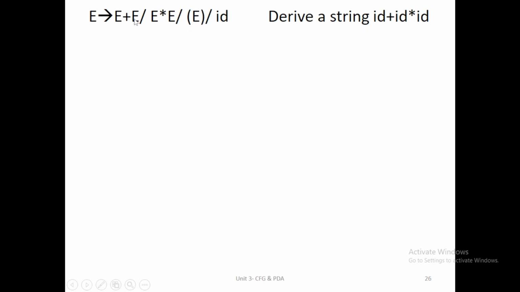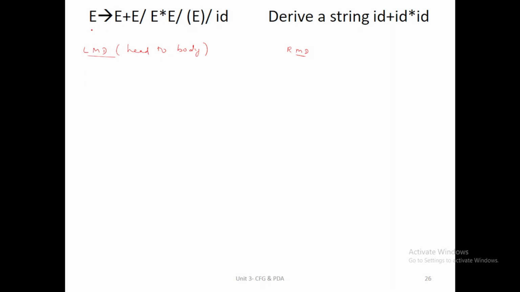So there are four productions from the given non-terminal capital E, and we want to derive a string ID plus ID star ID. I already gave the types: one is LMD, another one is RMD. Derivation always starts from head to body. That is the rule for derivation.